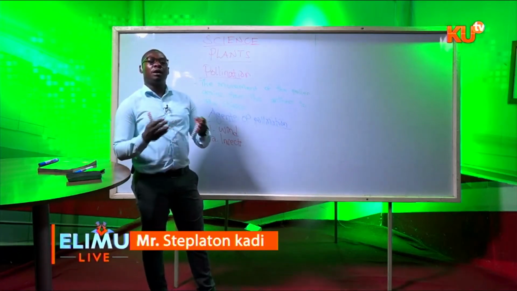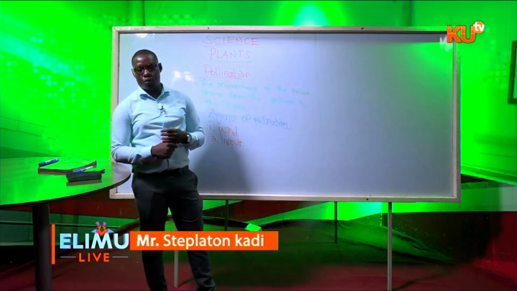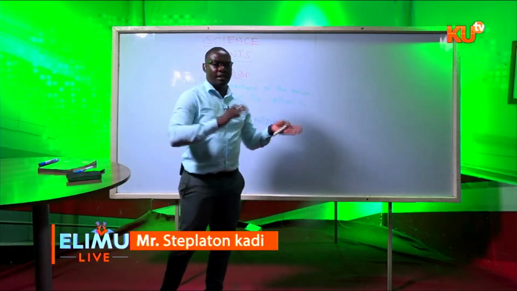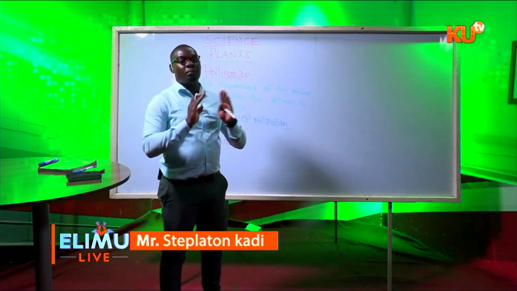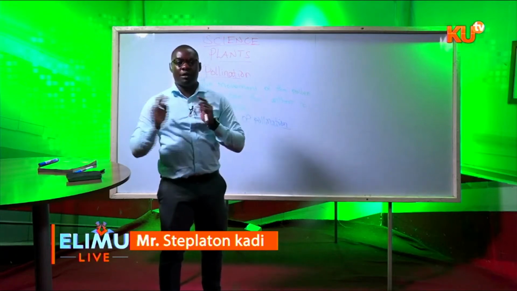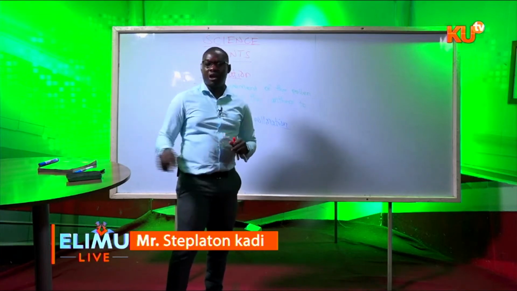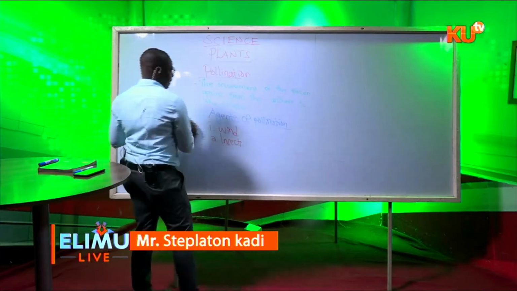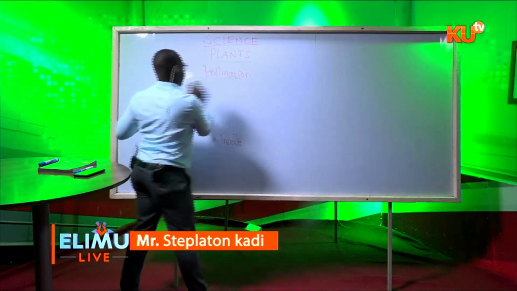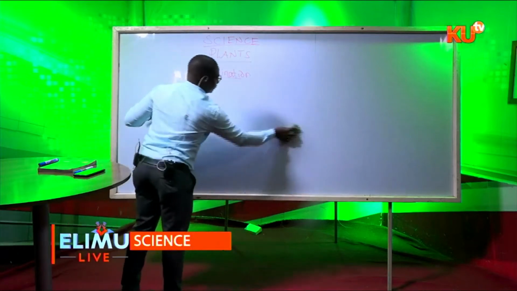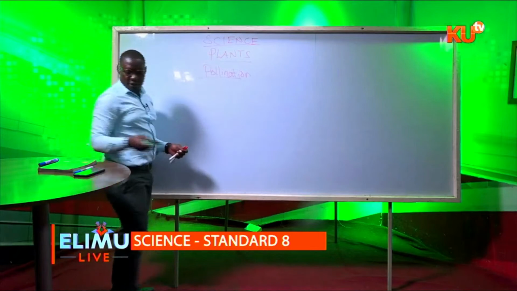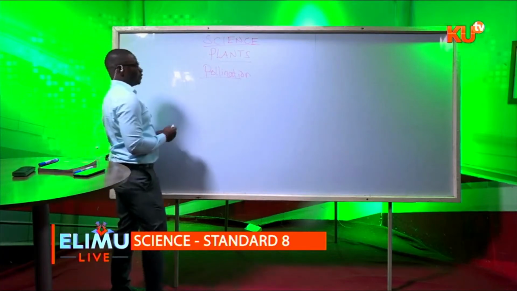So let's look at the comparison between the two. We'll be looking at insect and then wind. So 1 point for the insect, 1 point for the wind, because the two tend to be the opposite of each other. There are two types of agents, not types of pollination, but agents of pollination.